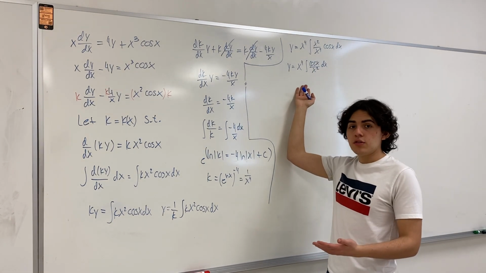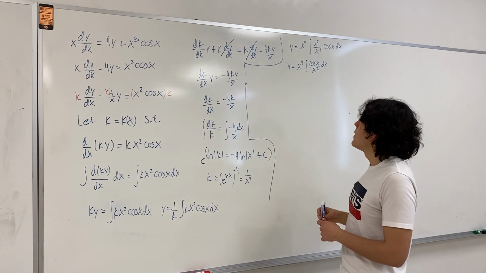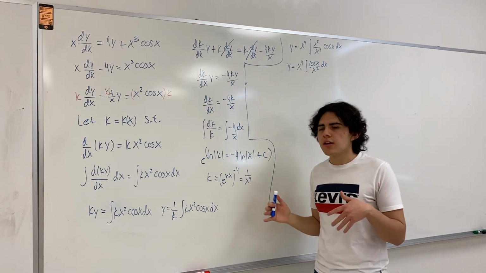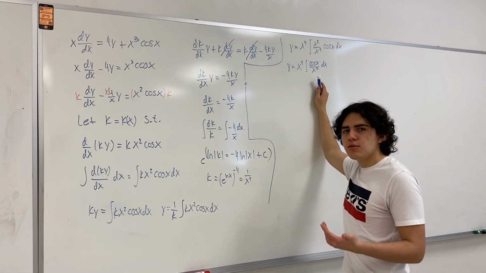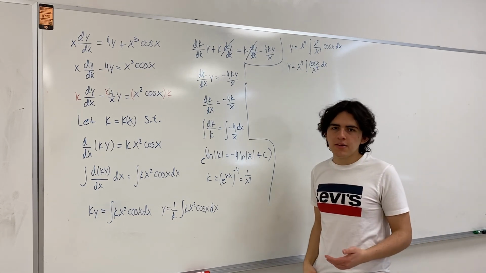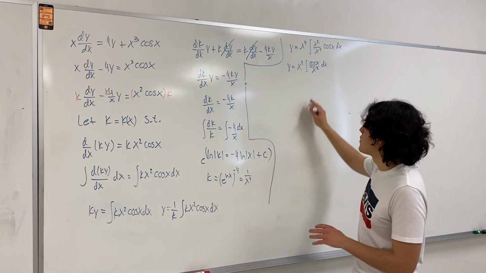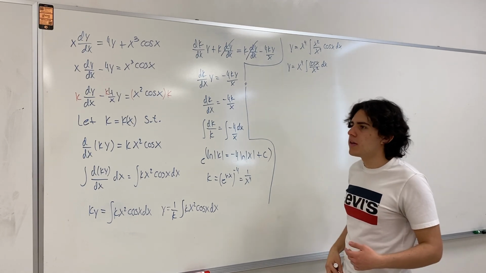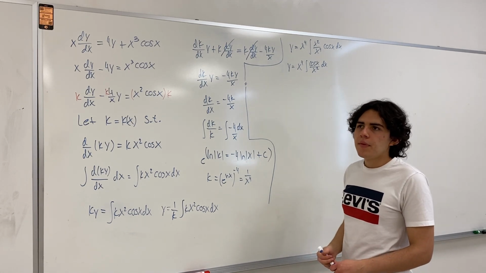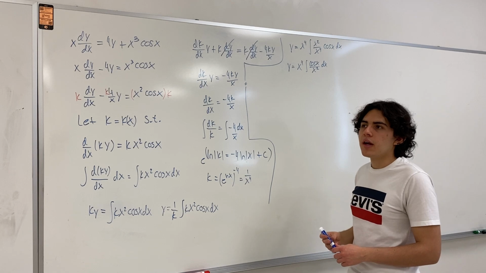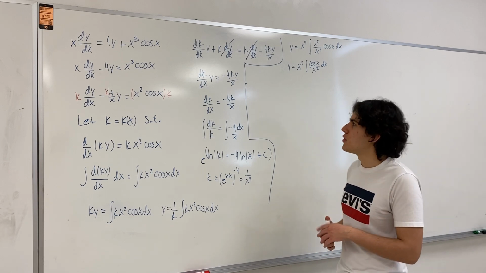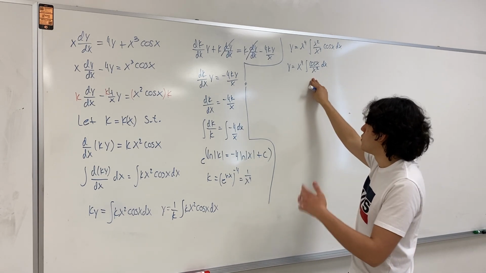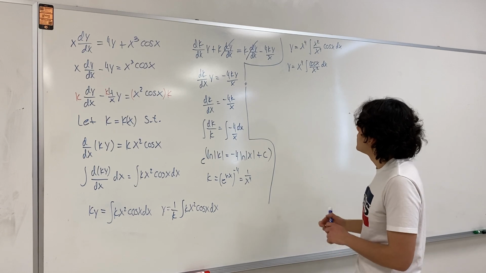Now this is the equation that we get in the end, and I had to go back and check if this has an analytical solution, and I believe it does not, so we can leave our answer like this. However, I believe most people would try doing an integration by parts in this case. Let's try doing that real quickly, and then I think you're going to trust me that there is no analytical closed form solution for this equation.